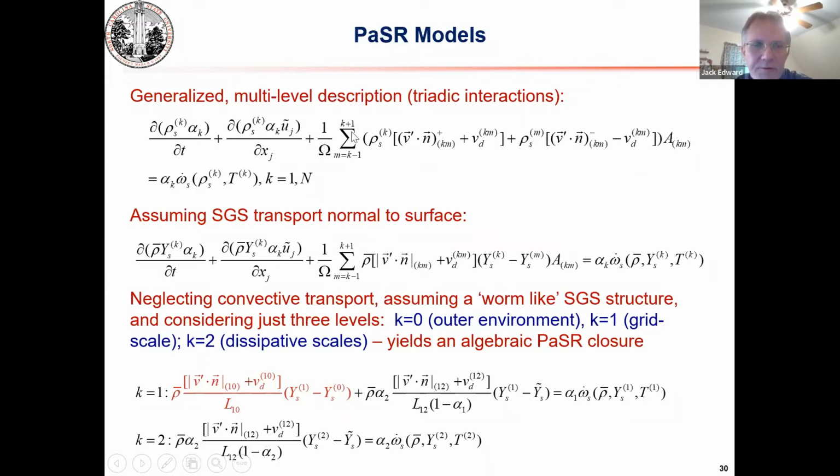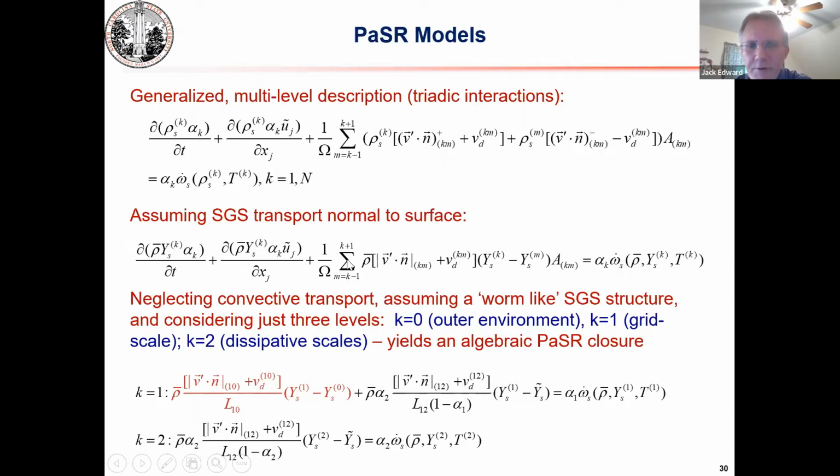Now you can start with this, and then you can make some assumptions. Assume, for example, subgrid transport normal to the surface. You can neglect the convective part, and you assume a certain topology for your SGS structure, which is a worm-like, filament-like topology.